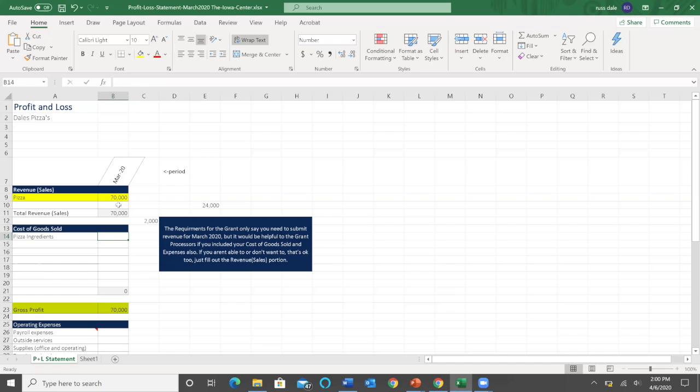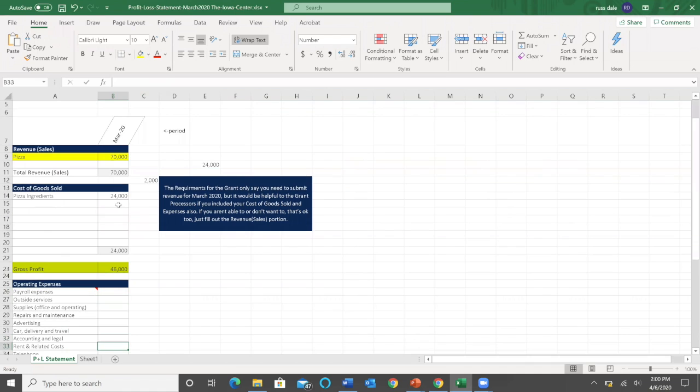Pizza ingredients using that formula above: beginning inventory plus purchases minus ending inventory. I got $24,000. So I got $24,000 in pizza costs, which means I had a gross profit, I know some people call it margin, of $46,000 for the month of March.